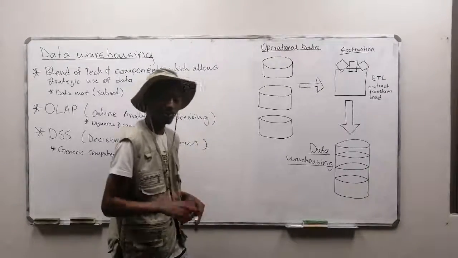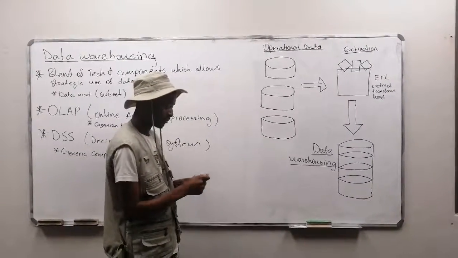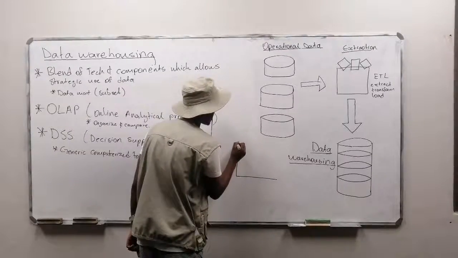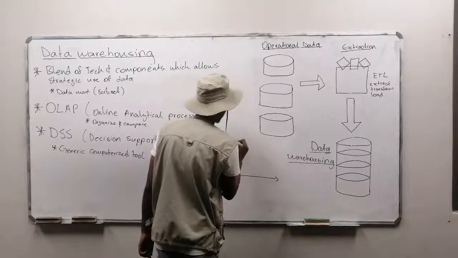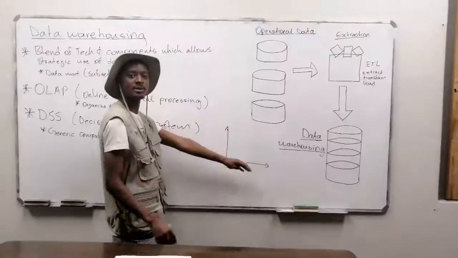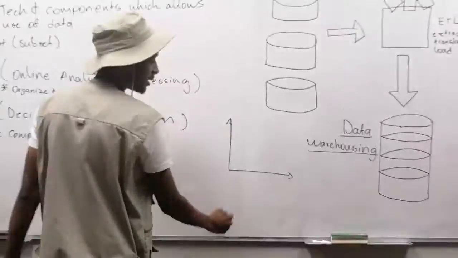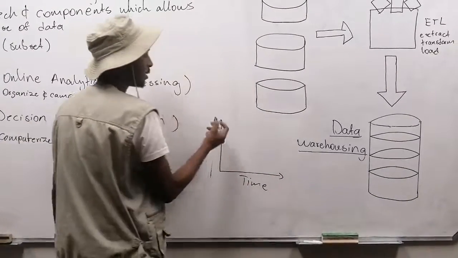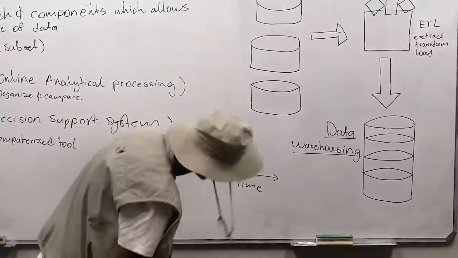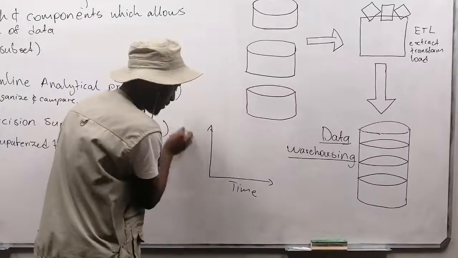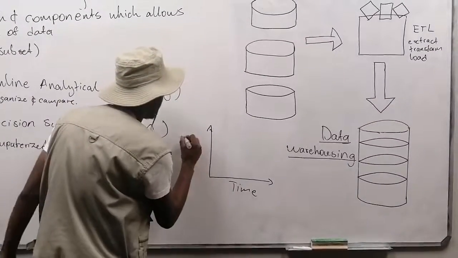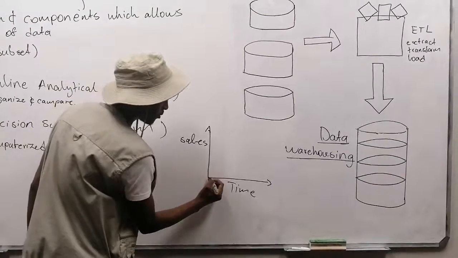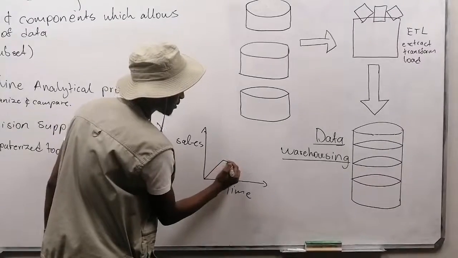And what happens is, I'm just going to draw this over here. I hope you guys see this. You all know what this is. If you don't know what this is, you shouldn't be watching this video. But anyway, we'll have time here, and with this we'll probably have sales, just to make an example.